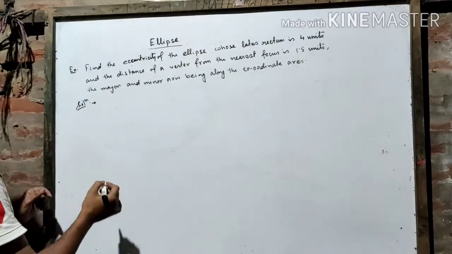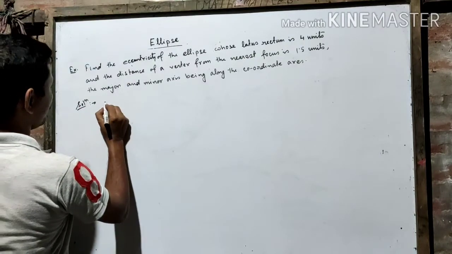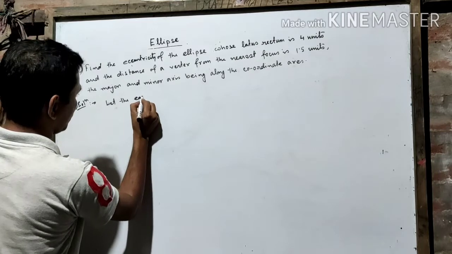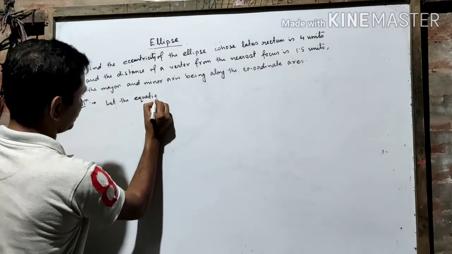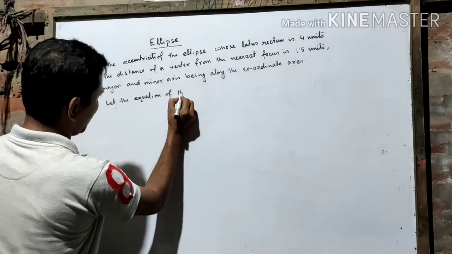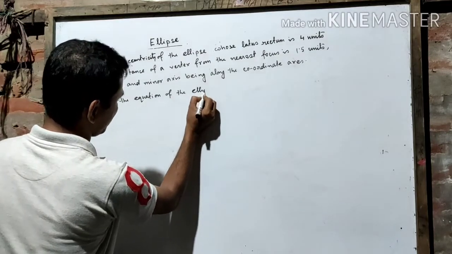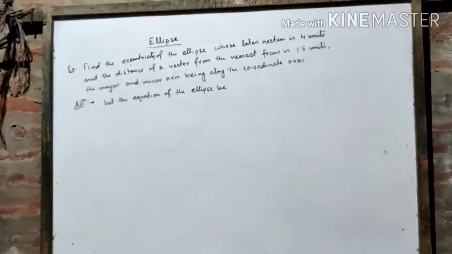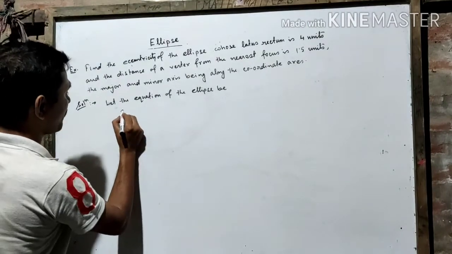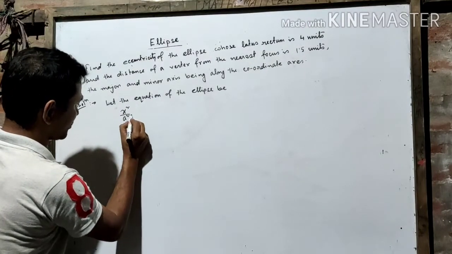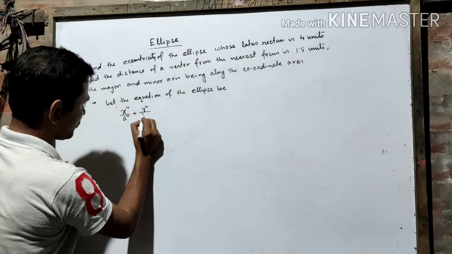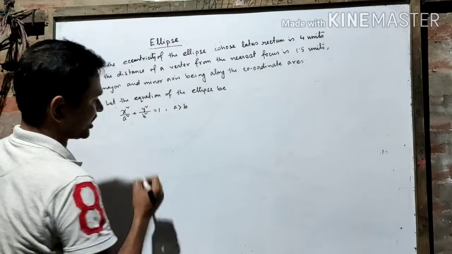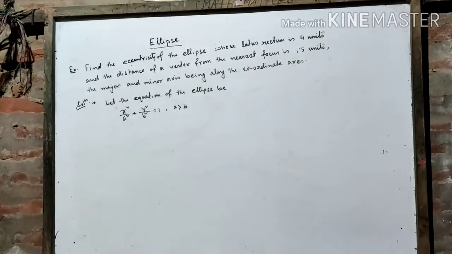So without loss of generality, let the equation of the ellipse be x square by a square plus y square by b square is equal to 1, where we take a is greater than b, that means x axis is the major axis.